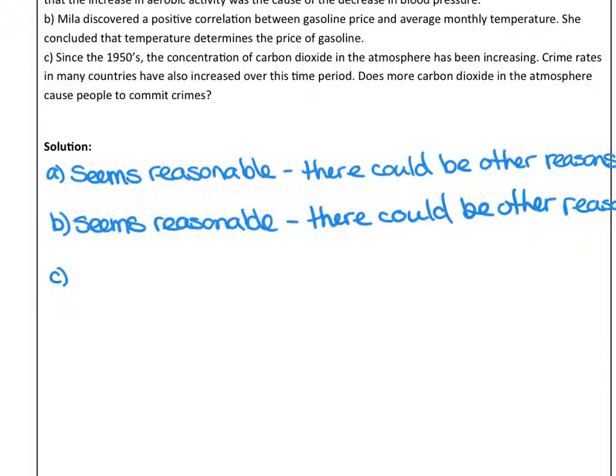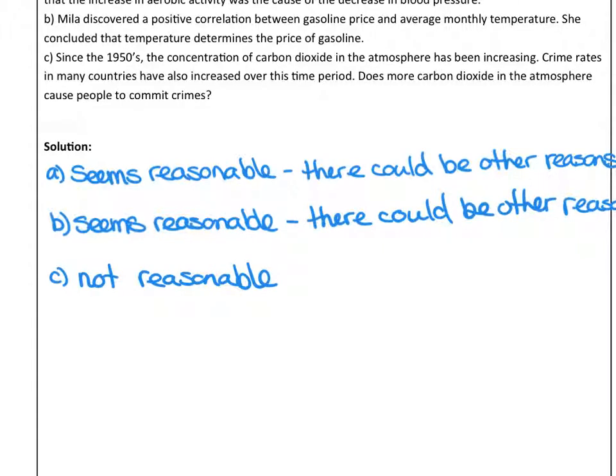Now, just reading that, use your common sense, guys. It seems a little bit ridiculous that carbon dioxide would have an effect on crime rates. So for this one, it doesn't seem reasonable.